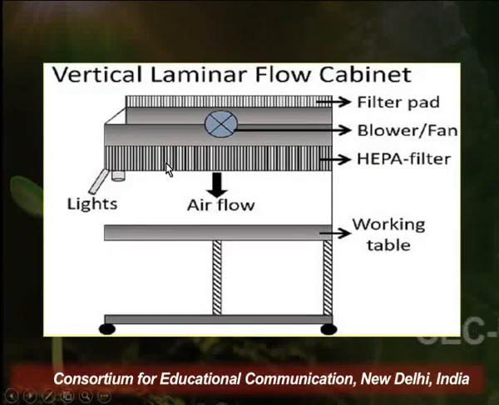We can understand the construction of a vertical laminar flow cabinet with the help of this diagram, where we can see that this is a working table and this is the hood area. Above this hood area there is a HEPA filter and then there is a blower, and above the blower is a filter pad, or a pre-filter.